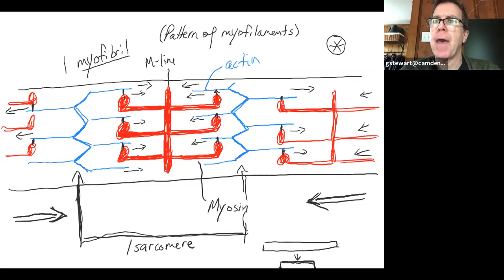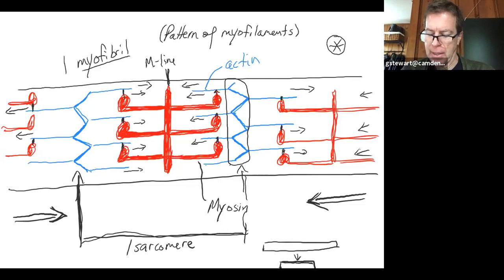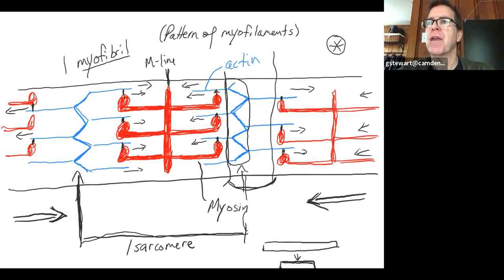I did label the M line, and I told you that this is called the Z disc here, but there are other banding patterns within this. For example, in this area here where there's no thick filaments, we call that the I band.